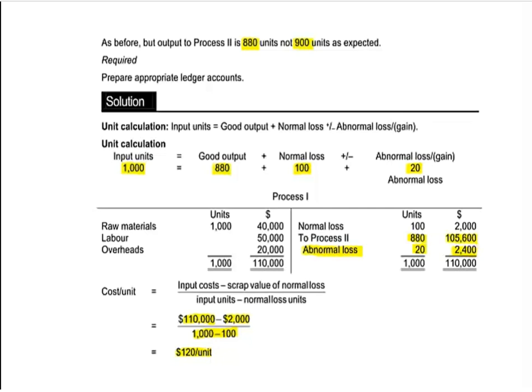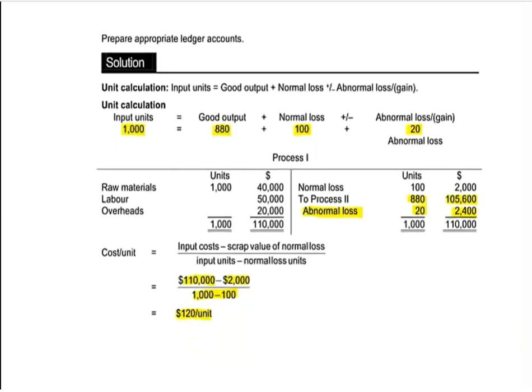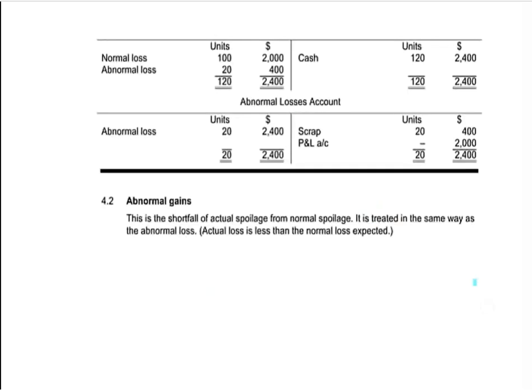Once we've completed our process account, we then need to complete the scrap accounts and the abnormal losses account. So as before, the normal losses are going to go as a credit in process 1 and a debit in the scrap account. But we've also got those abnormal losses, and they need to go as a debit into the abnormal losses account.